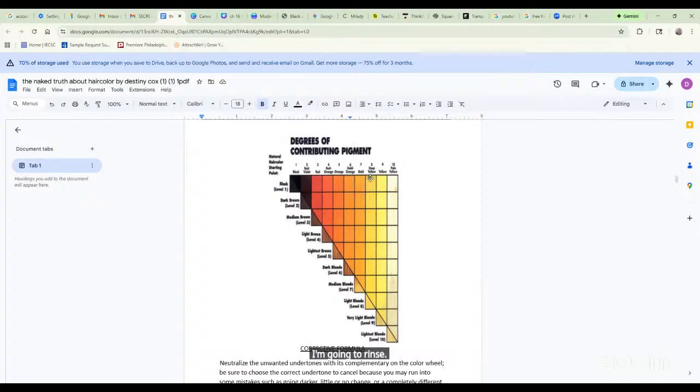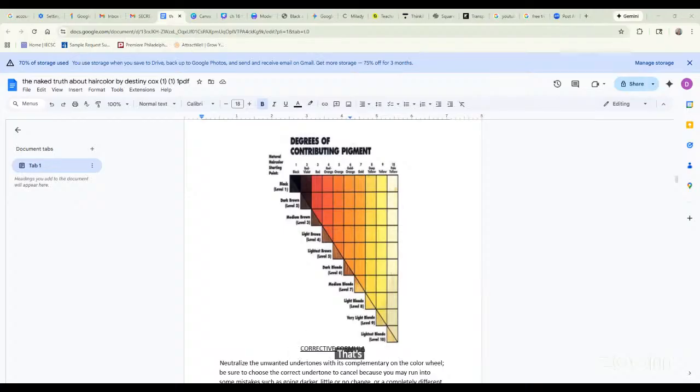Once I rinse, I'm going to need to tone. And so I will tone with a level 8. And since deep yellow, if you look on a color wheel across from yellow, and deep yellow still has just a tad bit of orange, I'm gonna use maybe a BV.